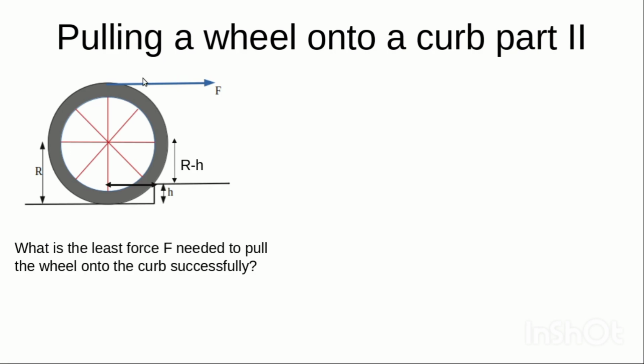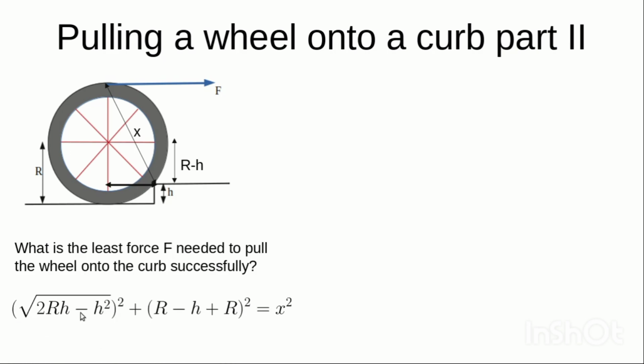Then, since the force is acting at this point, we need to trace a line from this point to this point, and that is given as x. To solve this problem, we need to find this distance x. And to find x, we can see that it traces a triangle. Since we know from here to here, that is r plus h, and we also know this one from our previous video, we can get x using Pythagoras theorem.